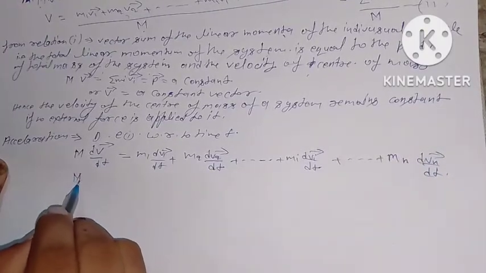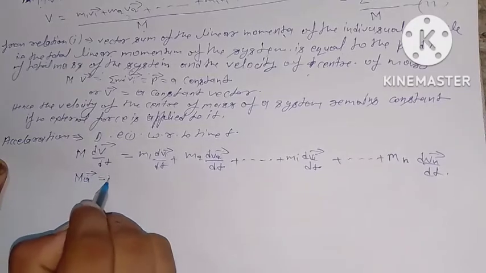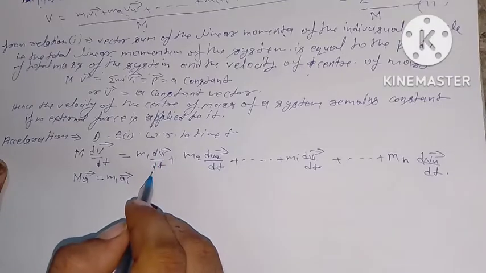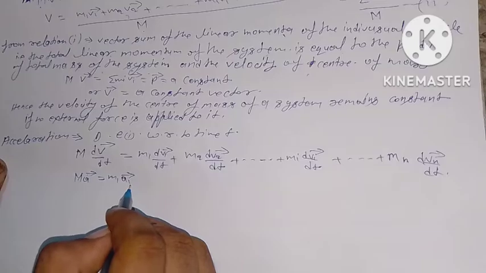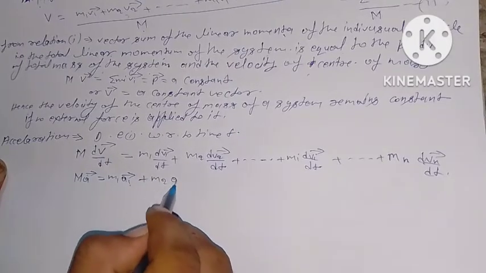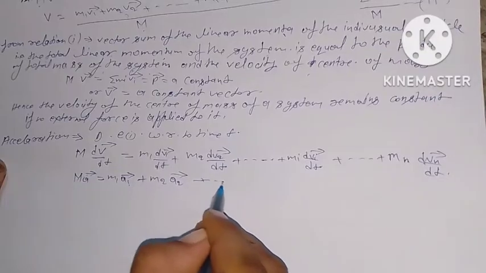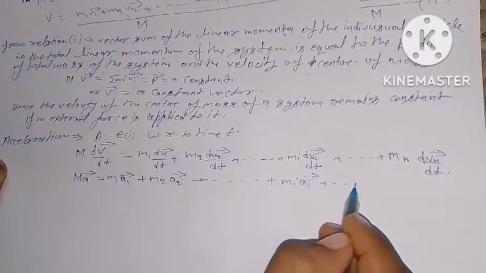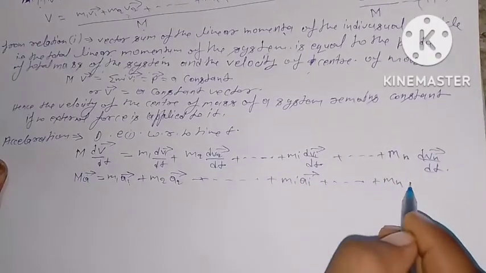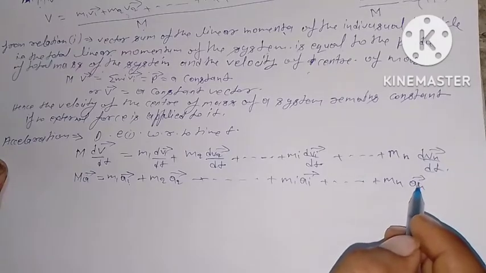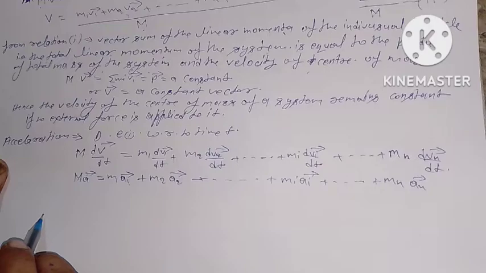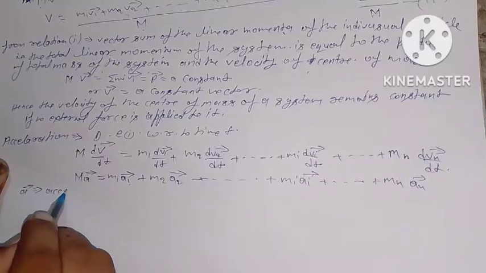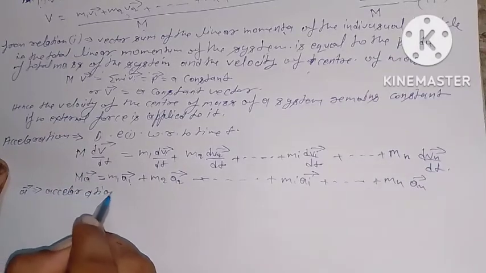So capital M vector A equal to m1 a1 vector plus m2 a2 vector plus ... plus mi ai vector plus ... plus mn an vector, where vector A is the acceleration of the center of mass, and a1, a2, etc. are the accelerations of the individual particles.